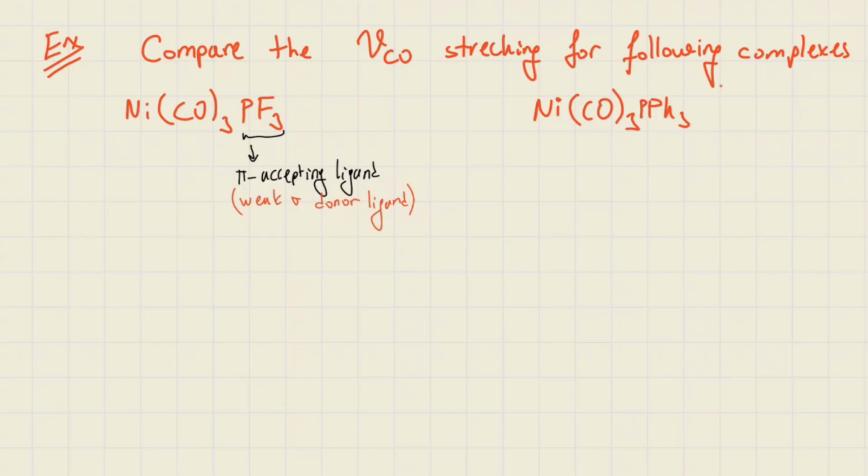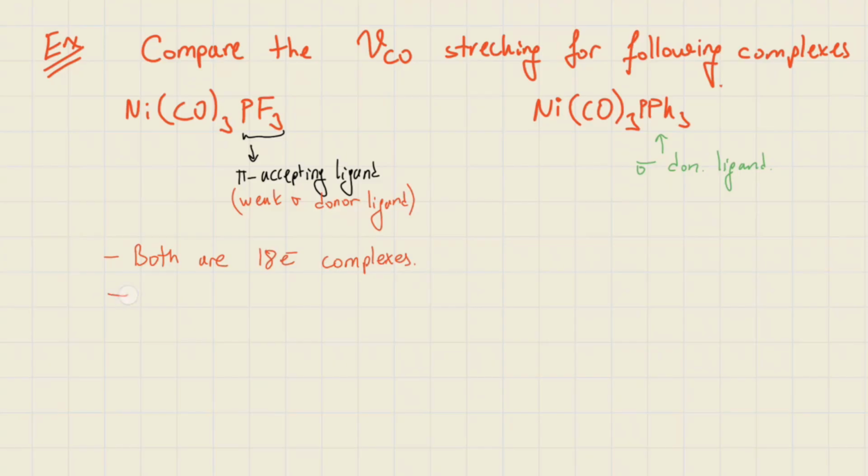On the other hand, PPh3 is a sigma donating ligand, and if we look at both compounds, both are 18 electron complexes. So the only difference between them is these two ligands.